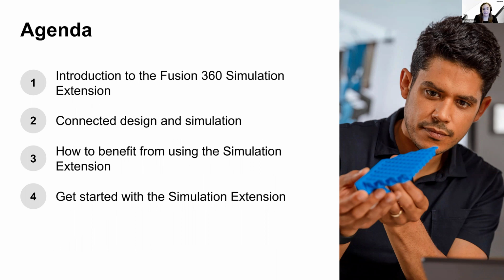I'll then share how Fusion 360 enables the user to easily experiment with various designs while achieving helpful simulation insights. We'll dig into the benefits of having simulation capabilities early in the design process. And lastly, I'll share how you can actually get started using the simulation extension if you're not already using it.